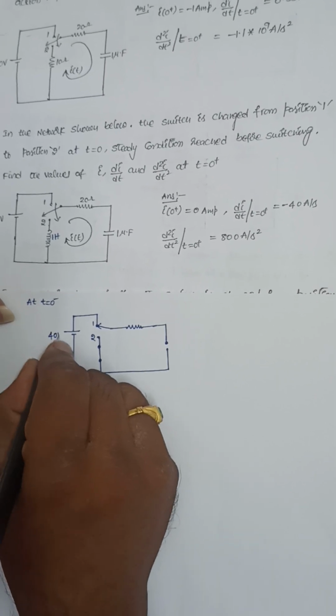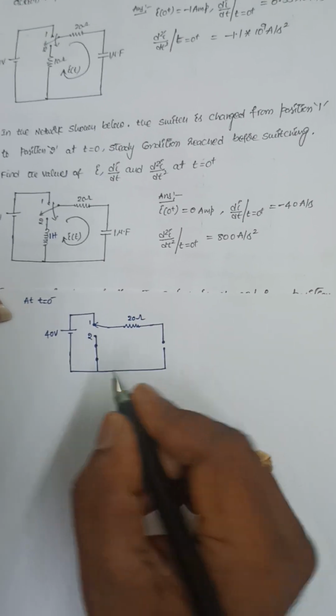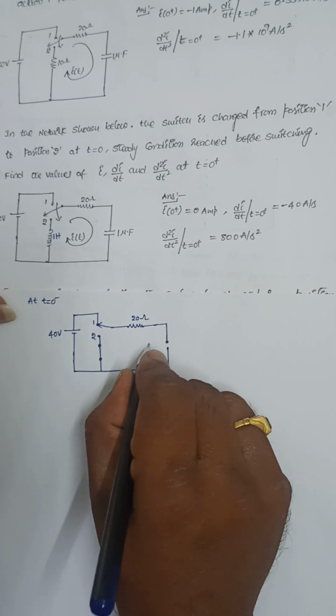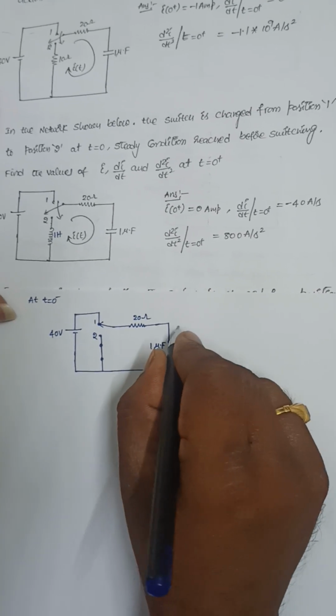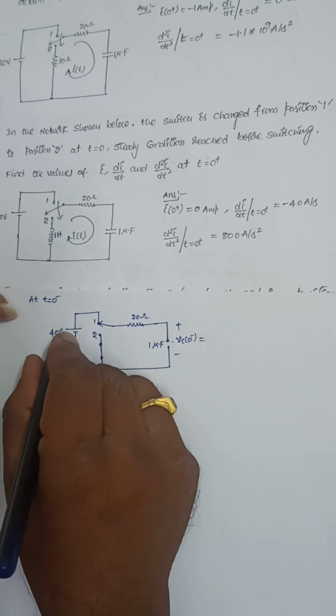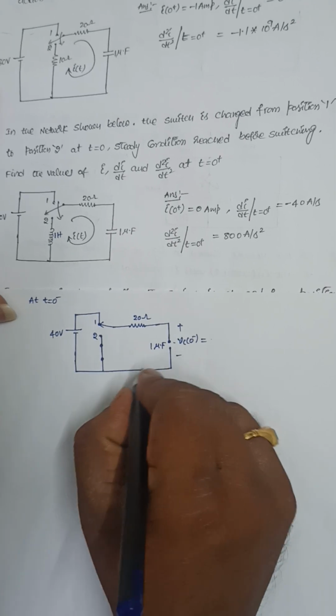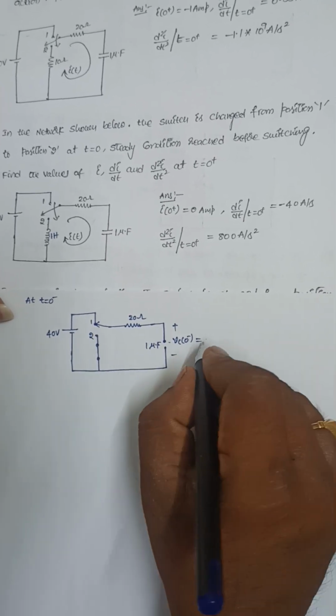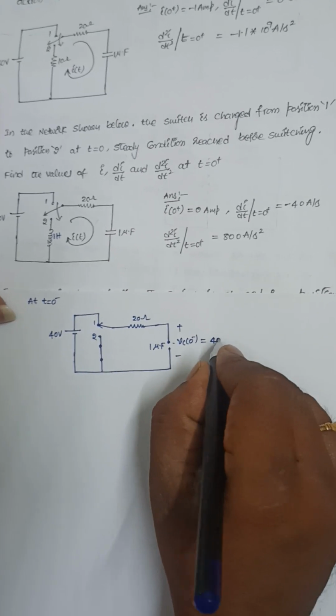So it is 40 volts, 20 volts, it is 1 microfarad, and the voltage across this one is Vc of 0 minus, that is equal to this voltage only. I already explained this type of problems in the previous case, that is 40 volts only.